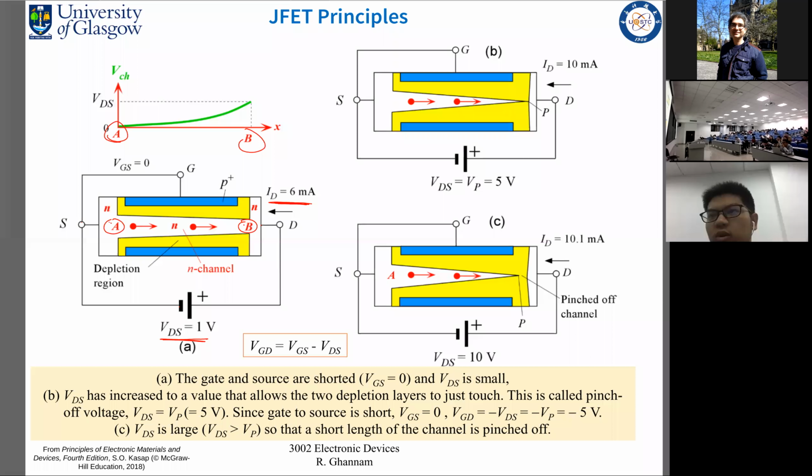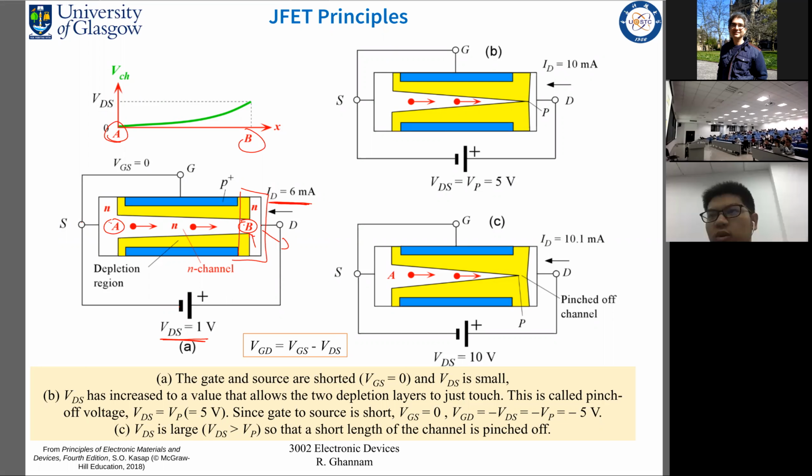Now notice what happens as we start to increase VDS. As we have just mentioned, the voltage at point B is large in comparison to A, where the voltage is equal to 0. So what have we done as a result in this region here? I believe we have a reverse bias.